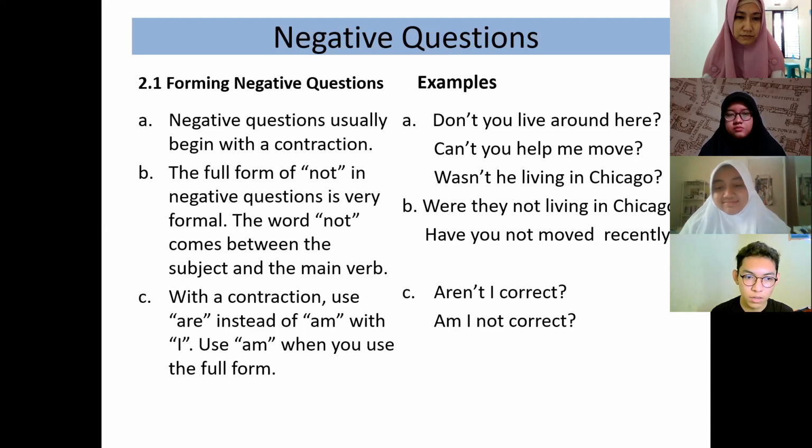The word not comes between the subject and the main verb. Examples: Were they not living in Chicago? Have you not moved recently? C. With the contraction, use are instead of am with I. Use am when you use the full form. Examples: Aren't I correct? Am I not correct?